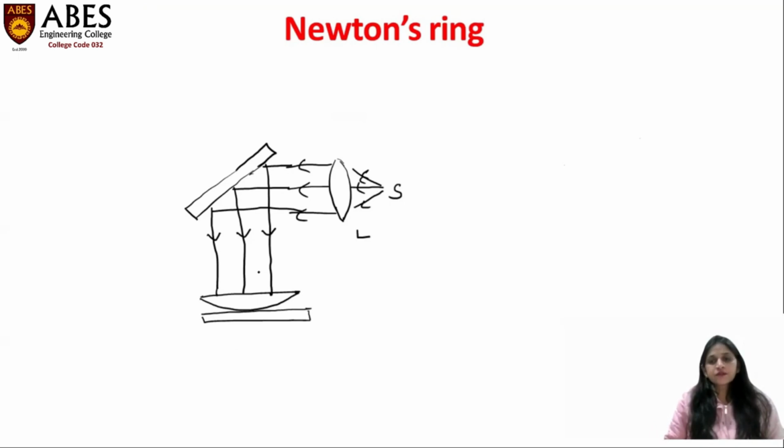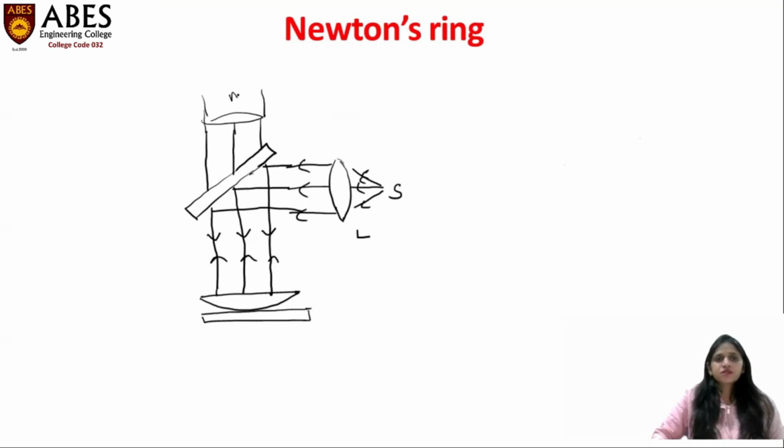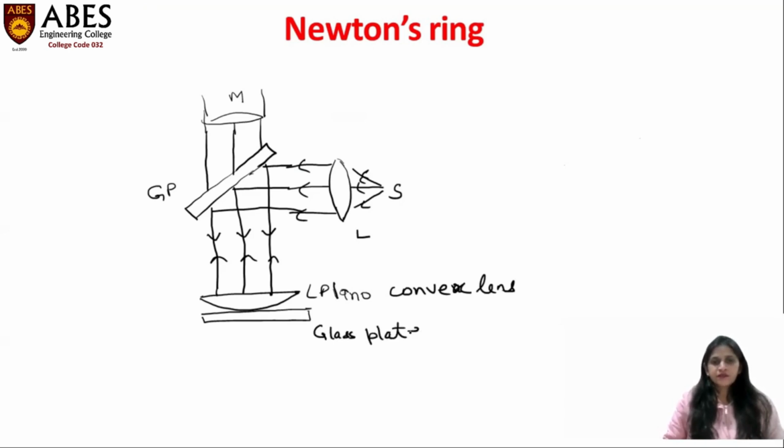Whatever interference is going on over here, which we will see in the further lecture, can be captured on the microscope. Suppose this is the microscope, this is the glass plate, this is the plano-convex lens, and this is again a glass plate.